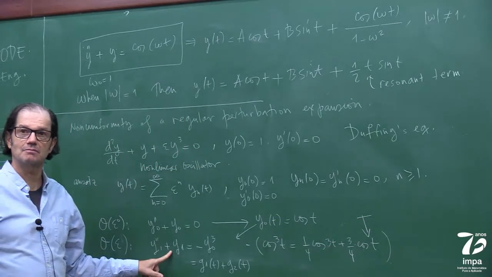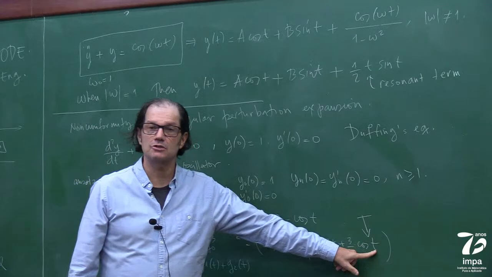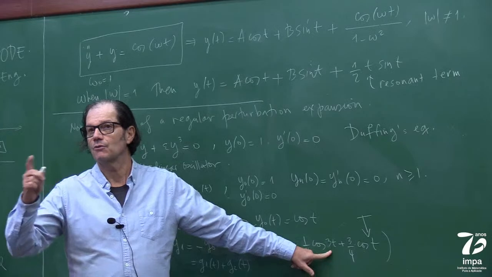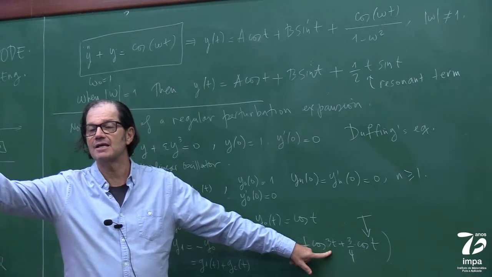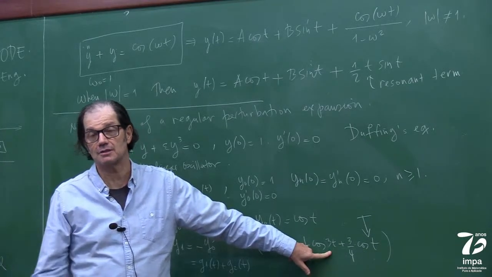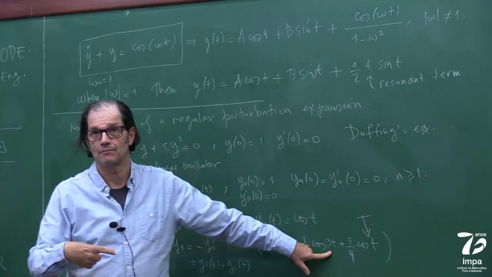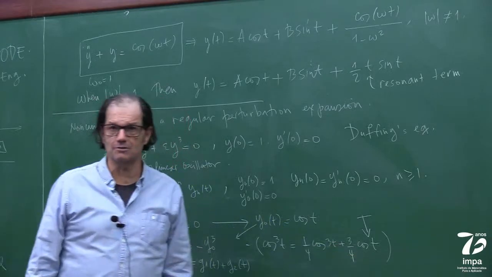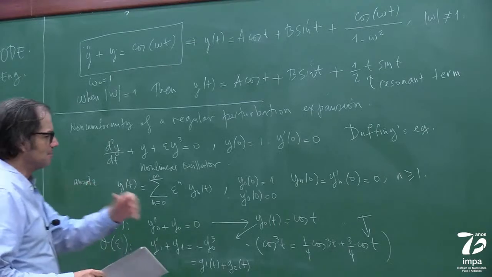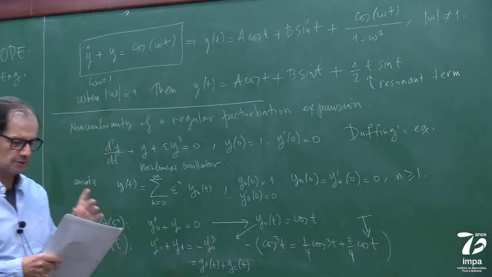It's in the same frequency. The natural frequency here is 1. This one is already okay. It's another harmonic. Remember, if we were thinking of waves, we had different k's in the Fourier series. It's not a different k, it's a different omega, because now we're in time. So this guy here is going to give me a headache, because it's going to make my solution grow when it shouldn't. Let me convince you it shouldn't in just a second.